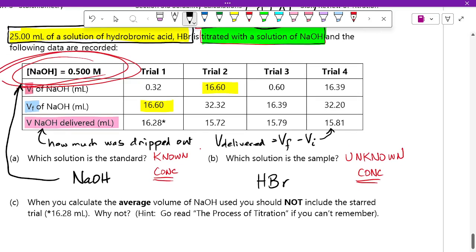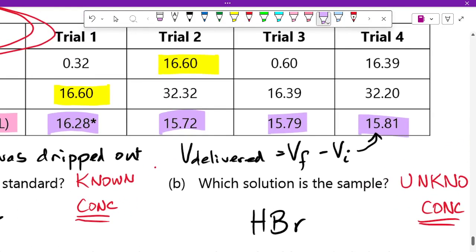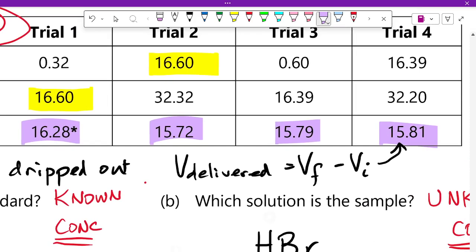When you calculate the average of NaOH used, you should not include the starred trial. Why not? So out of all of our trials, those 4 purple values, we're not going to use 16.28. Why not? It is an outlier.